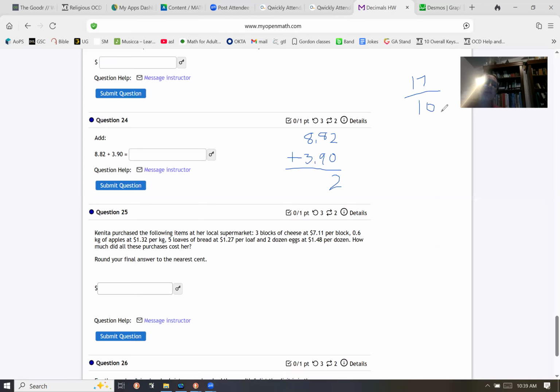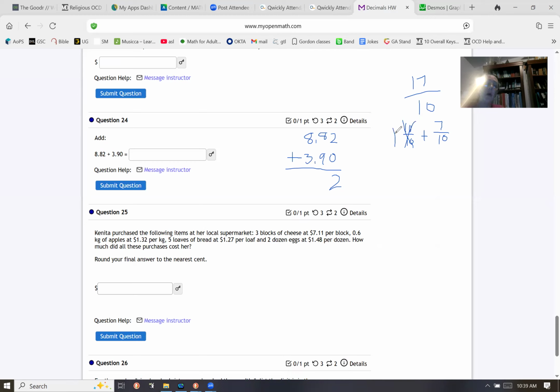That really means the same as 1 whole and 7/10, because you could break 17/10 down into 10/10 plus 7/10. And of course, 10/10 stands for 1. So it really means 1 and 7/10.